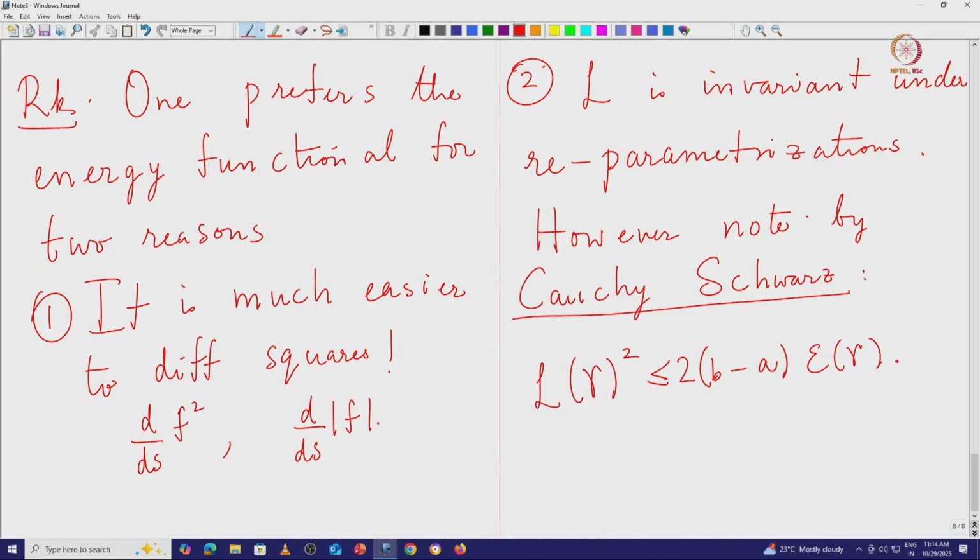In fact, it will turn out that studying the variation of the energy functional will be good enough for all our applications because of this inequality, with equality if and only if the speed is a constant. This is going to be useful in the future.